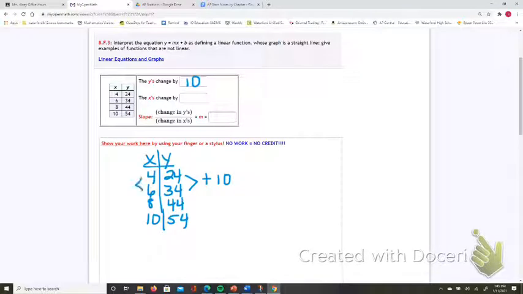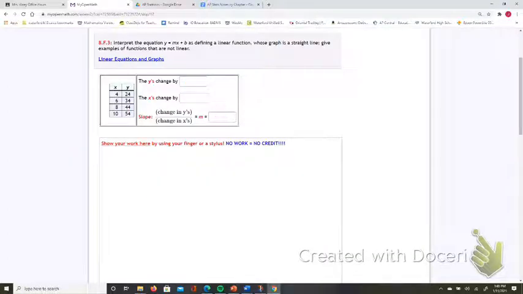The x's went from 4 to 6, so they went up 2. The slope is the y's over the x's, so 10 divided by 2, so the slope is 5. So 10, 2, and 5.